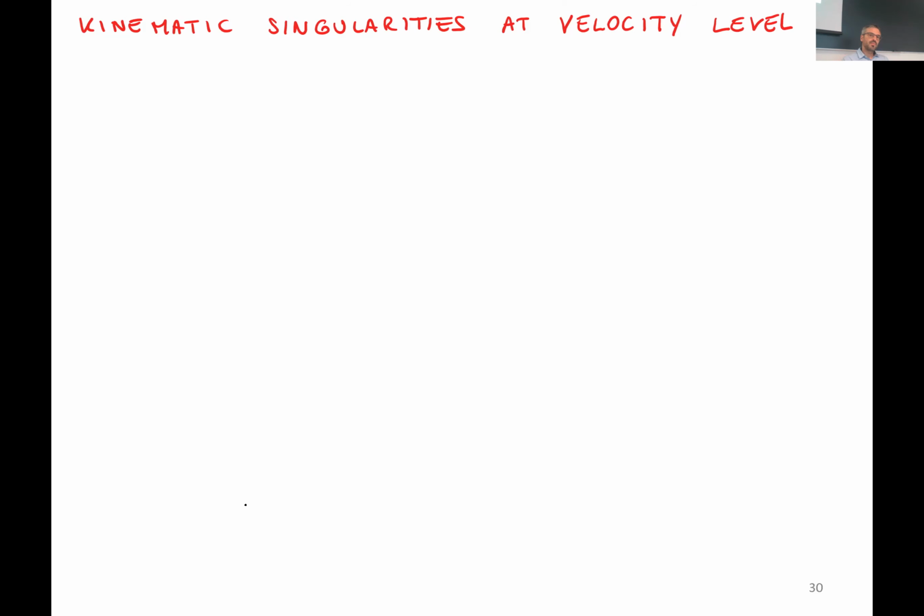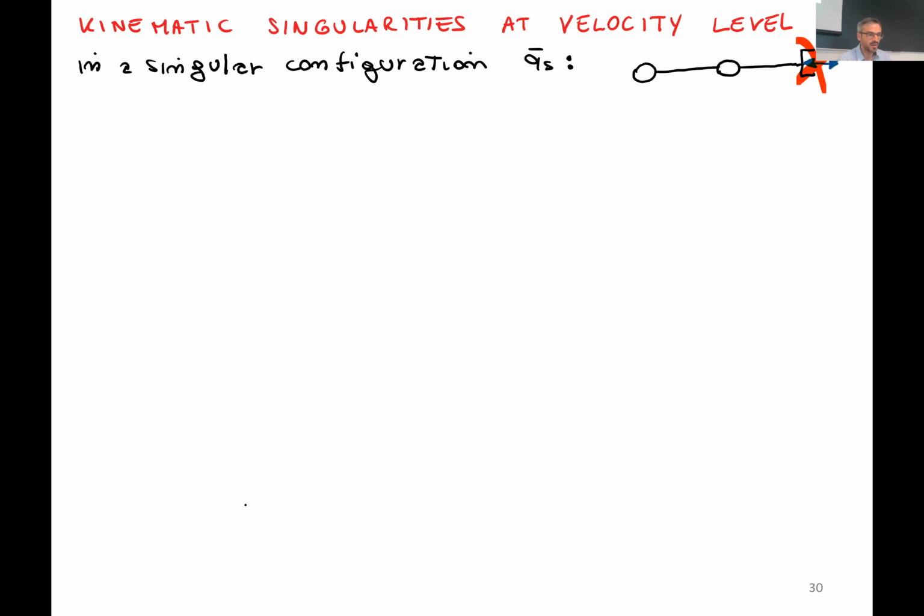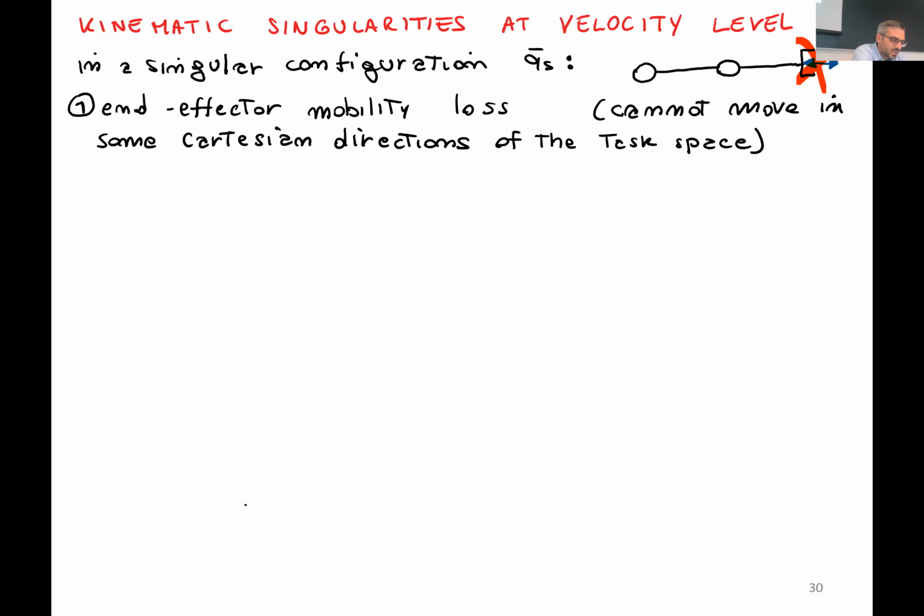But this time we want to compute them and find out what the singular configurations of a robotic arm are, like, for example, this one. In a singular configuration, in general, there is a mobility loss, for example, of the end effector point, depending on the mapping we are using.